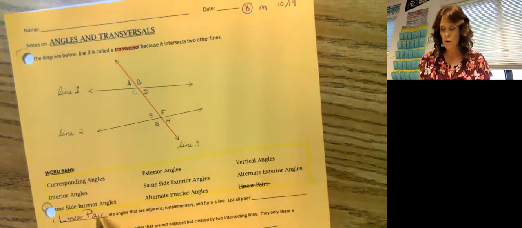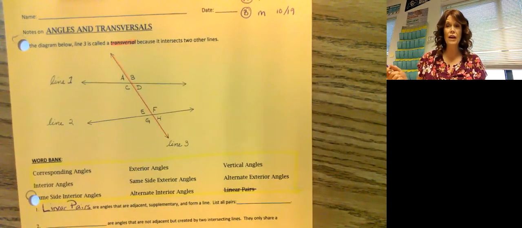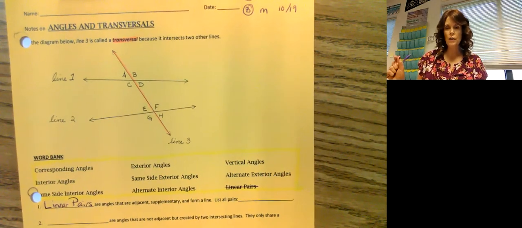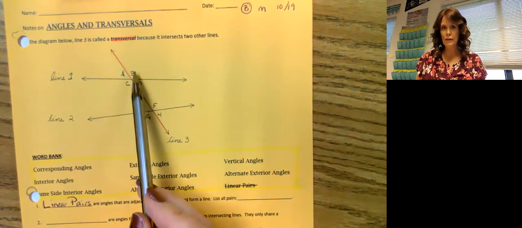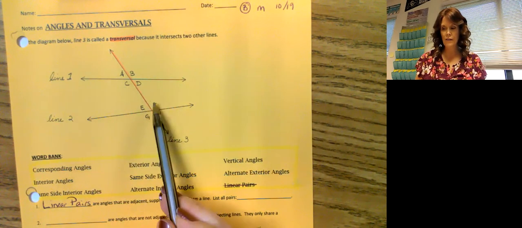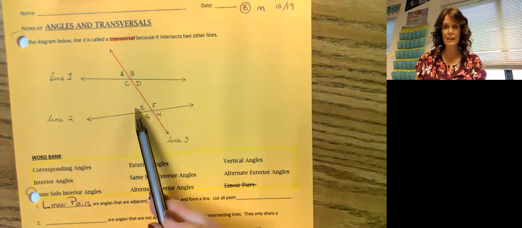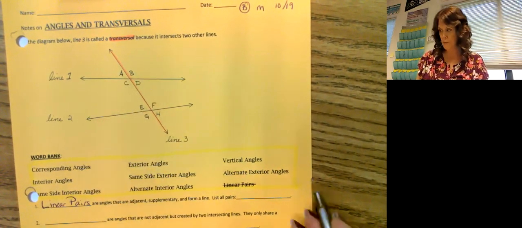Okay. So linear pairs are angles that are side by side, supplementary, form a line. There's a lot up here, so I don't think we'll list all of them, but we should try to pick about half of them. So technically there's 1, 2, 3, 4, 5, 6, 7, and 8 that are adjacent side by side and form a straight line. So A and B, for example. And normally I would say angle A and angle B, but I'm going to try to abbreviate here to save us some room.